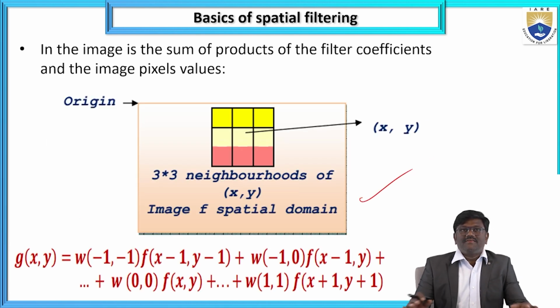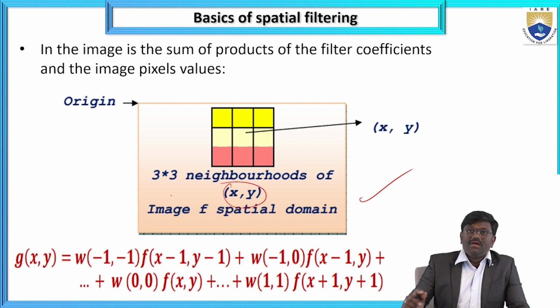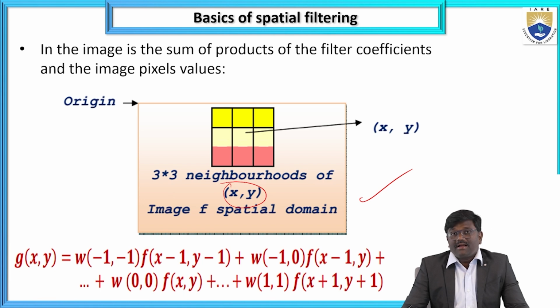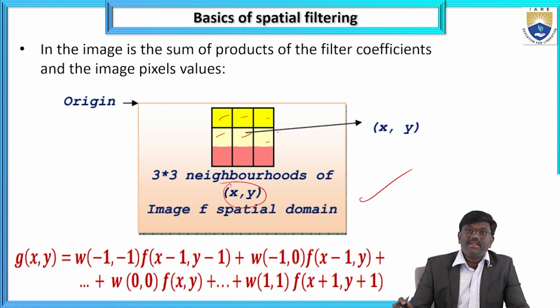Let us take this as the origin of the original image in the spatial domain. Spatial domain means you represent the x comma y coordinates, and how values vary across the 3 by 3 neighborhood of pixels, represented by x comma y, is called the image in the spatial domain.